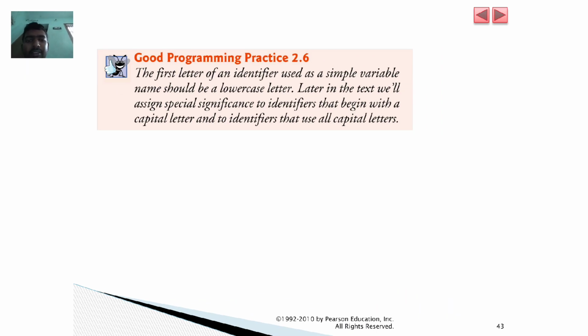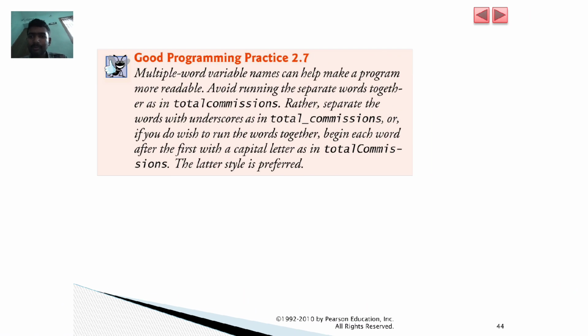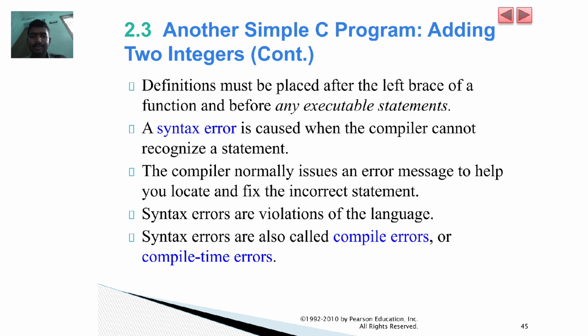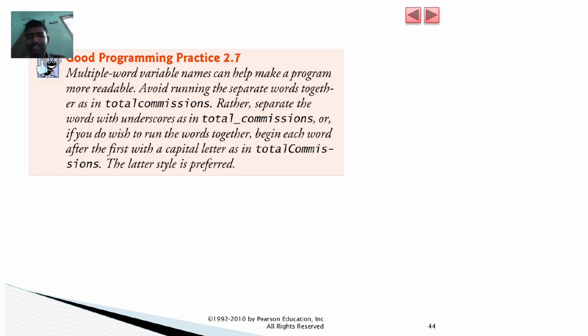The first letter of an identifier used as a simple variable name should be lowercase. Identifiers that begin with a capital letter, or are all capital letters, have special significance. Multiple-word variable names can make programs more readable. Avoid running words together; you should be able to read it.